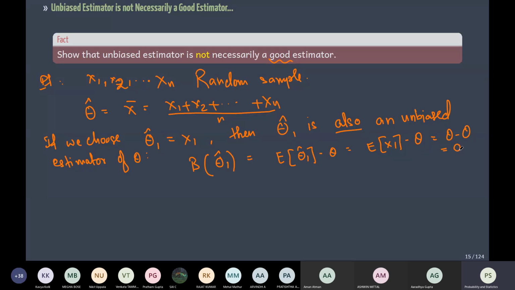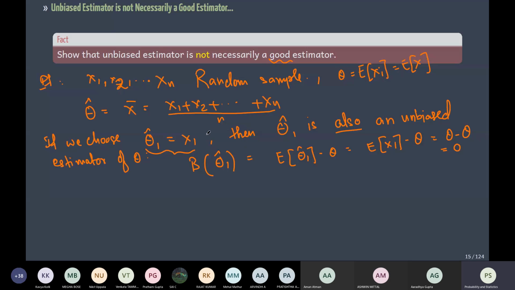What do we observe from here? Because the x's are independent and identically distributed, they have the same mean. Remember that theta was the expectation, so x1 also has expectation theta. So that's why we got this. We observe that even this estimator is an unbiased estimator.